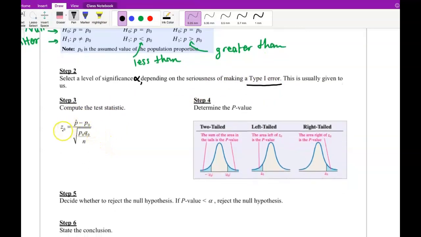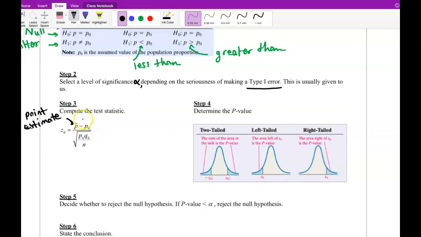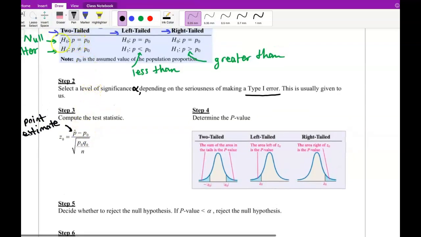The formula for that is z0 equals the sample proportion or point estimate, minus what our claim was for the null hypothesis, so minus p0, divided by the square root of p0 times q0 divided by the sample size n. Then step 4, determine what the p-value is.